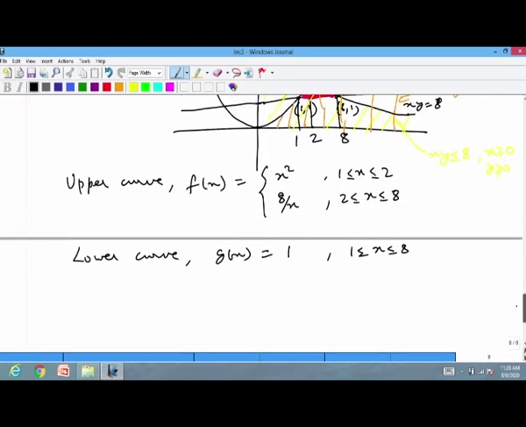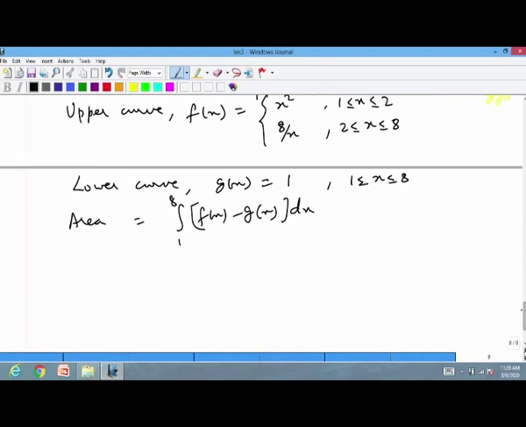So, what we have to find, the area is integral from 1 to 8 of f x minus g x dx, which is equal to integral from 1 to 2 of x square minus 1 dx plus integral 2 to 8 of 8 by x minus 1 dx.